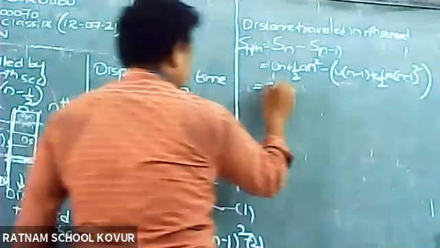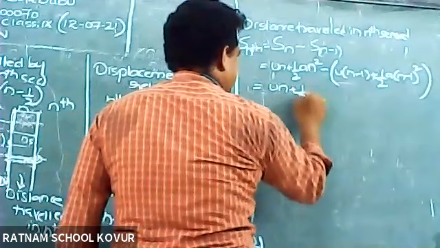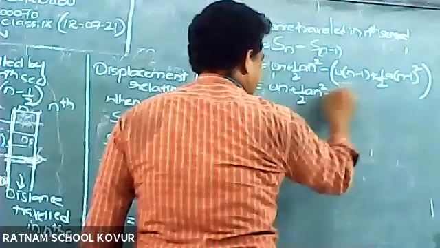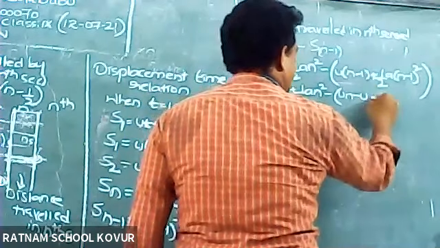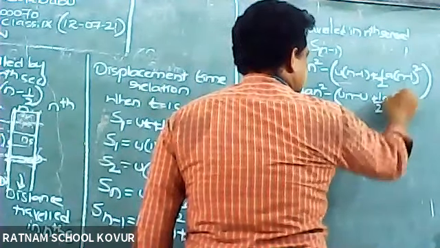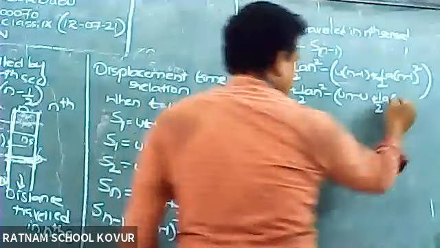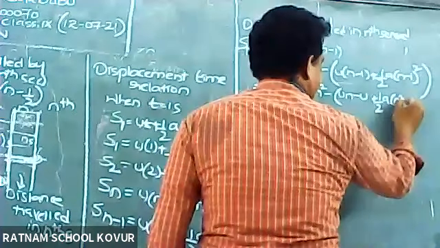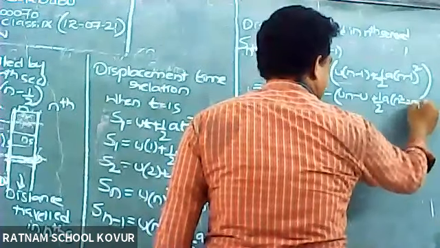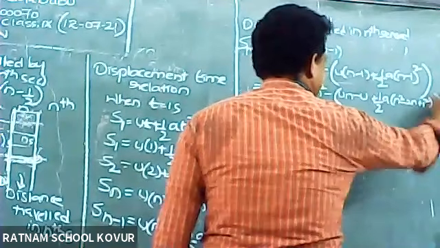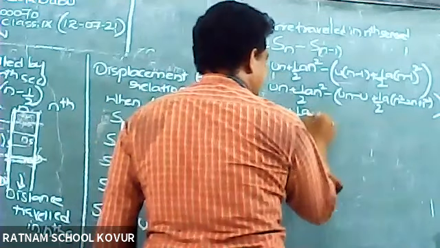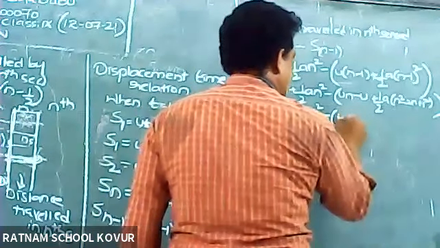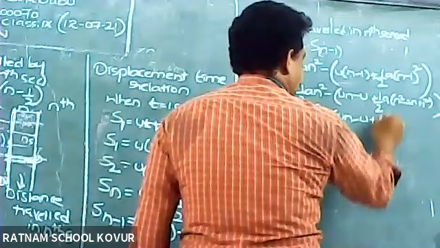Simplify. Un plus 1 by 2 an square minus, multiply, un minus u plus 1 by 2 a. This is in the form of a minus b whole square: a square minus 2ab plus b square. So un plus 1 by 2 an square minus un minus u.